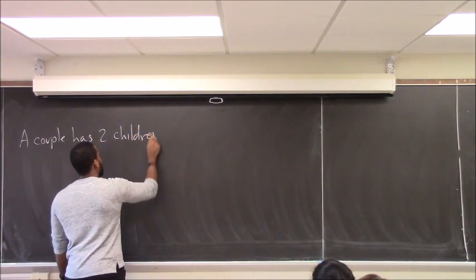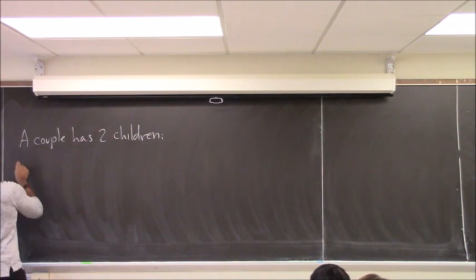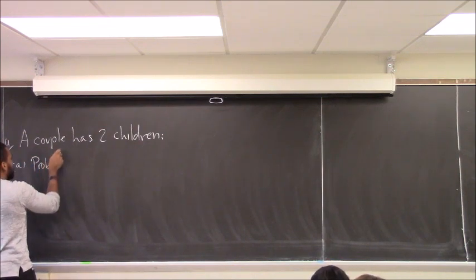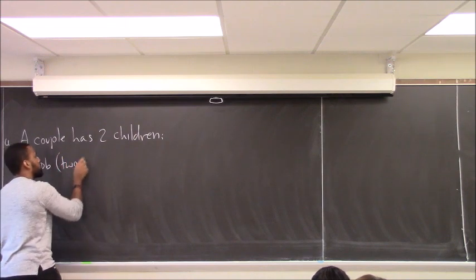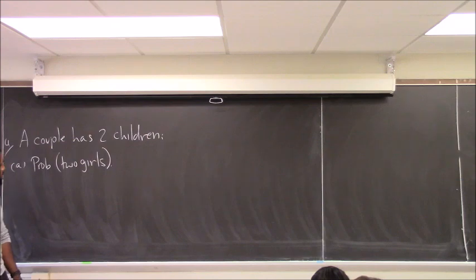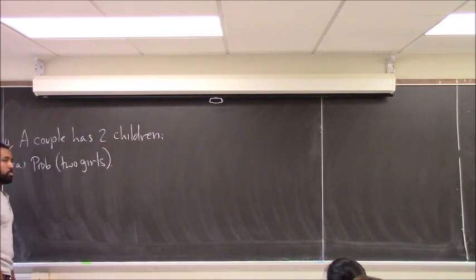So this is for problem 4. Probability that they have 2 girls. What do you think? If the chances of having a boy or a girl are assumed to be the same. Yeah? 1/2 times 1/2. Okay.